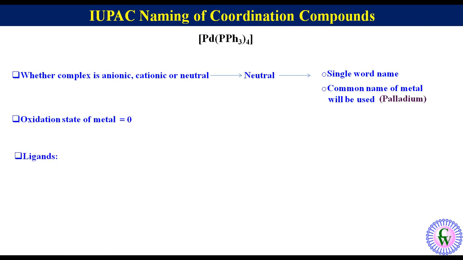Ligands. There are 4 triphenylphosphine ligands. Since the ligand name has the word tri, tetrakis will be used to indicate its number. So the IUPAC name of this compound will be tetrakis(triphenylphosphine)palladium(0).